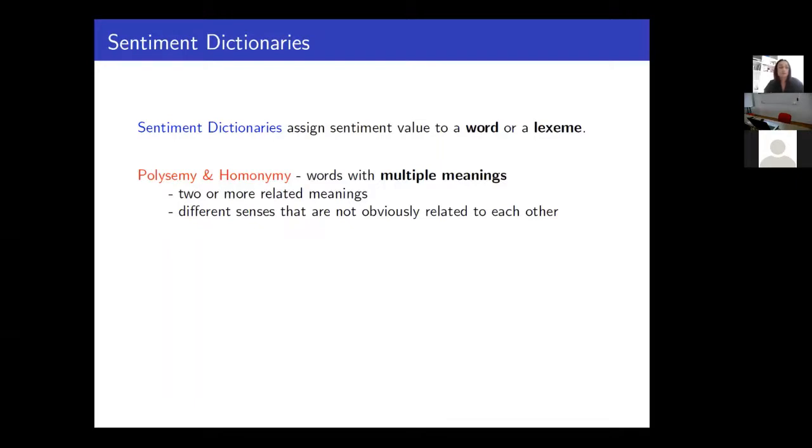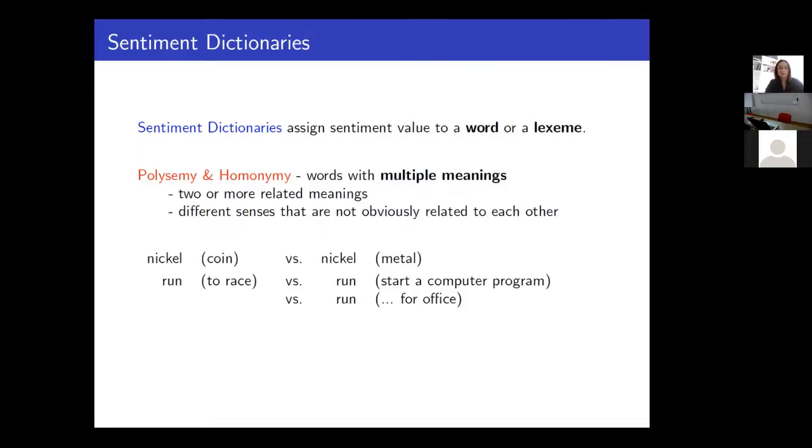These are the terms of polysemy and homonymy, which relate to either two or more related meanings, or meanings that are quite unrelated and very distant from one another. For example, if you think of a nickel, you might think of the coin, but the same word is also used for the metal of which it is made.